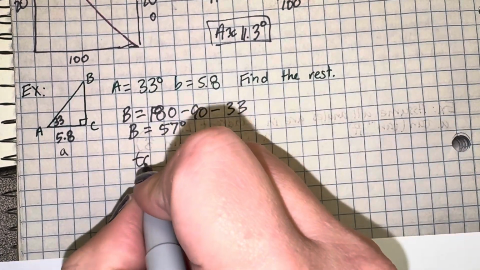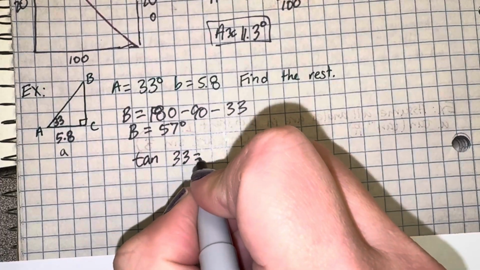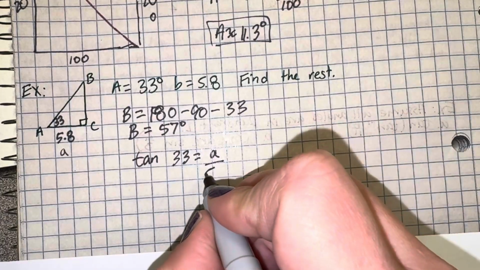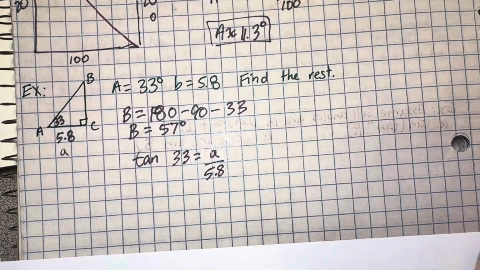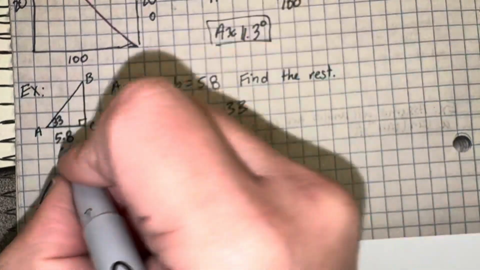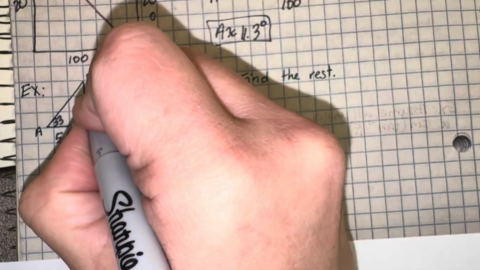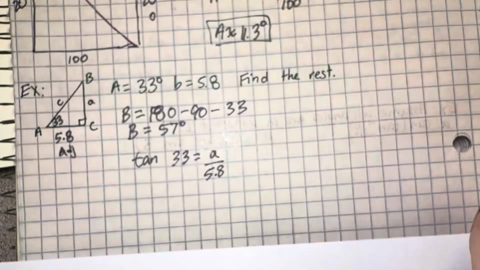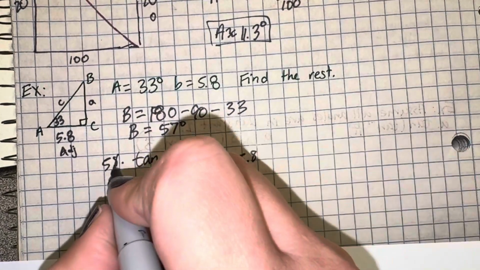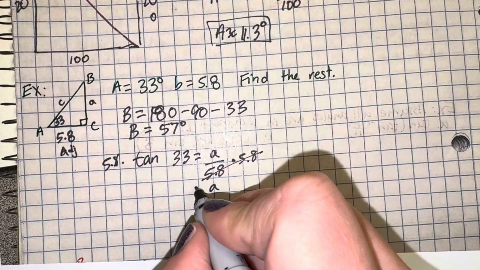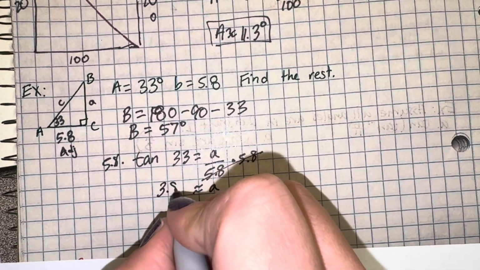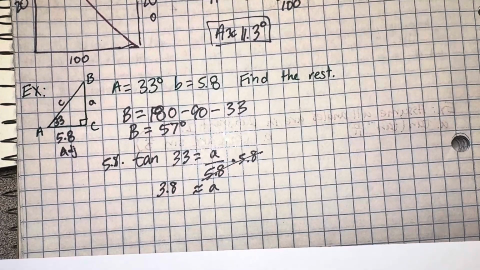So I'm going to say that the tangent of 33 equals the opposite, that'll be side a, over 5.8. So times by 5.8, and my a is going to be approximately whatever that is. After we put it into our calculator, that is 3.8.